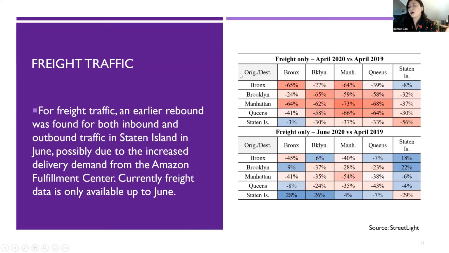Thinking about the possible rationale behind that, I think it's possibly due to the increase in home delivery demand, online delivery demand, from the Amazon Fulfillment Center, which is built in Staten Island. Of course, further observation is needed when more data is available, but these are preliminary results that we found.